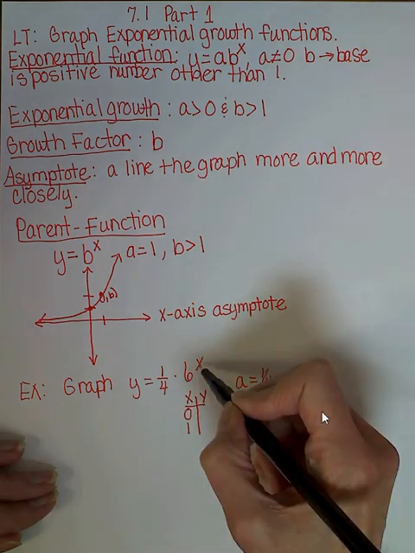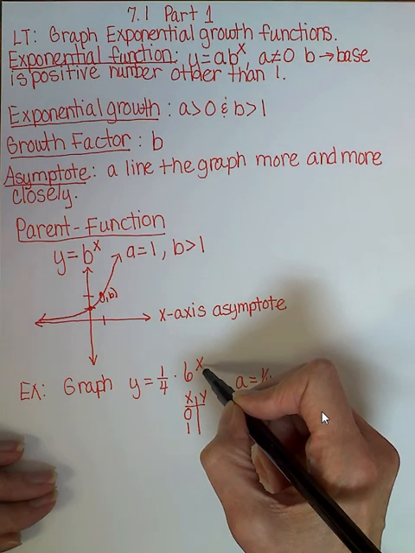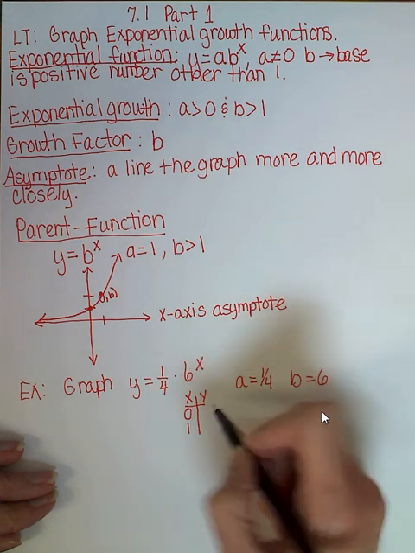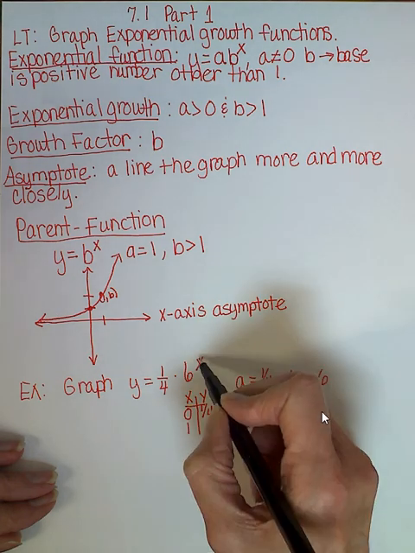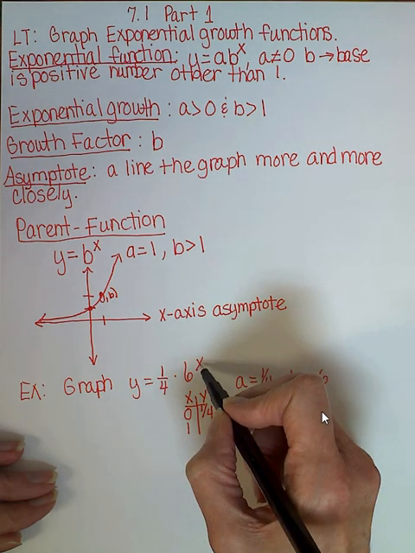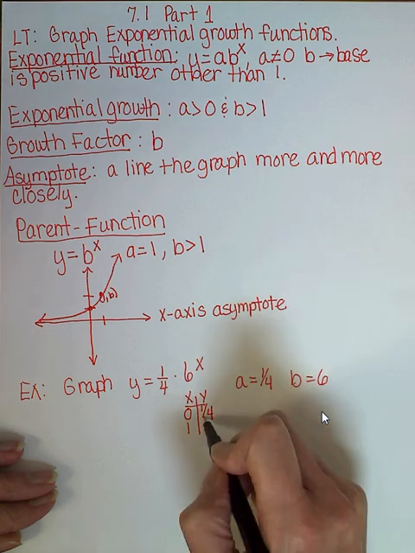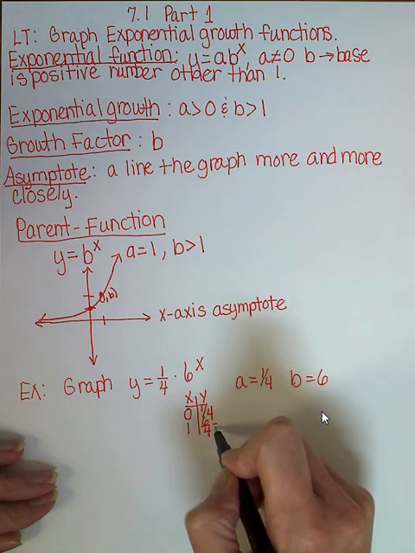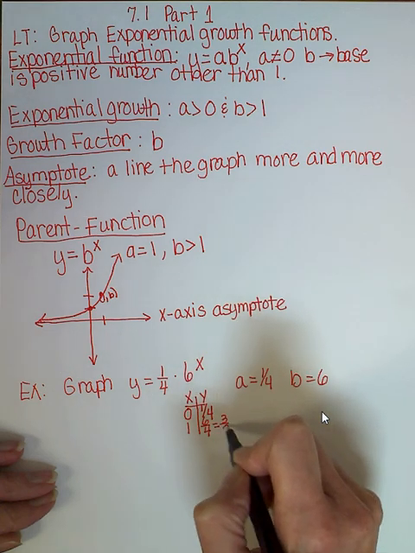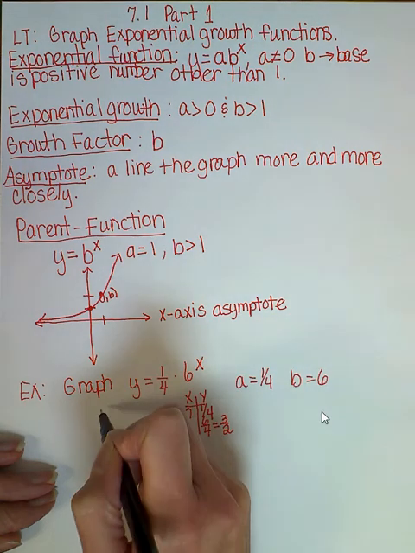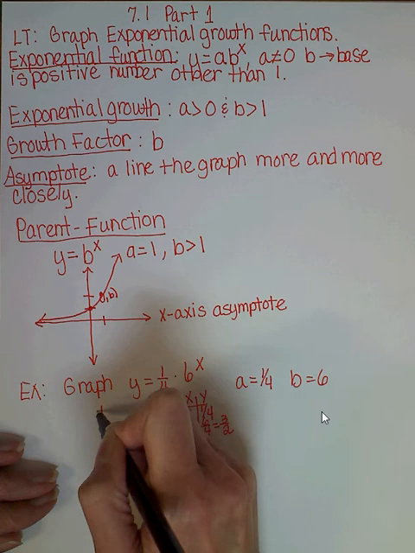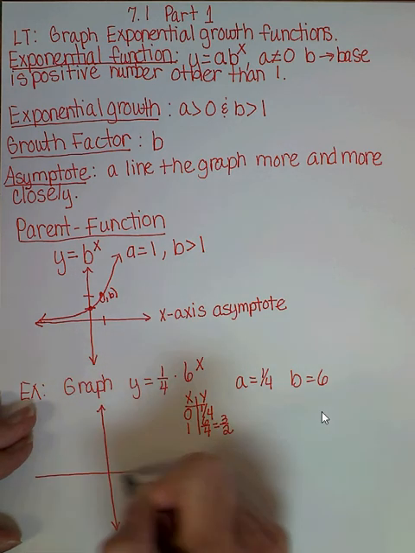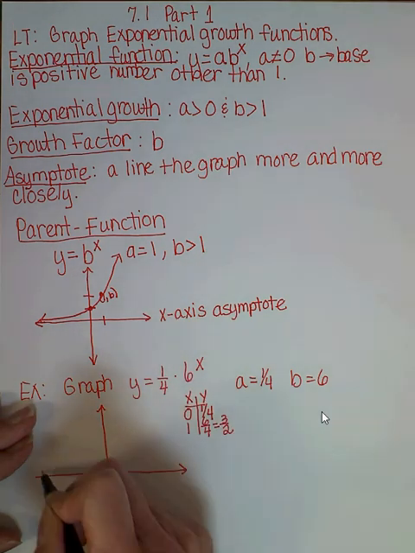If I plug in 0, 6 to the 0 power is 1 times 1/4, so that would just give me 1/4. If I plug in 1, 6 to the first power is 6 times 1/4 would be 6 over 4, and that will reduce to 3/2. Okay, so since we know the basic shape of this graph, we don't really need a lot of points.